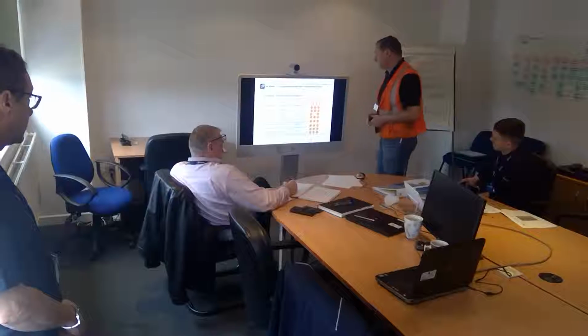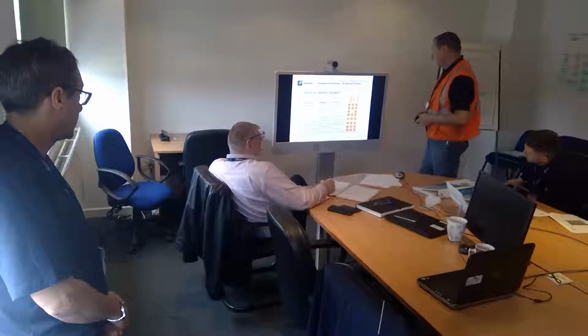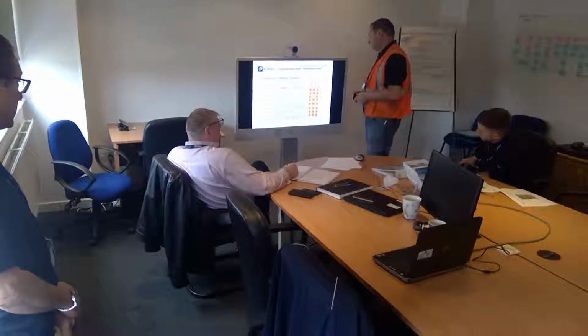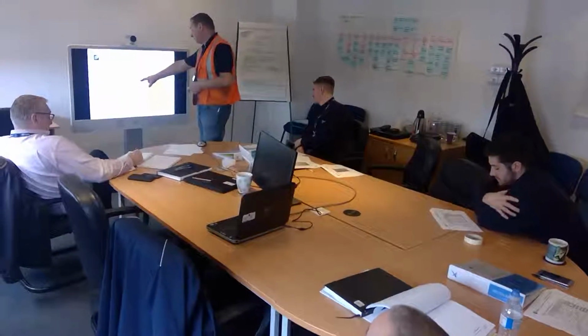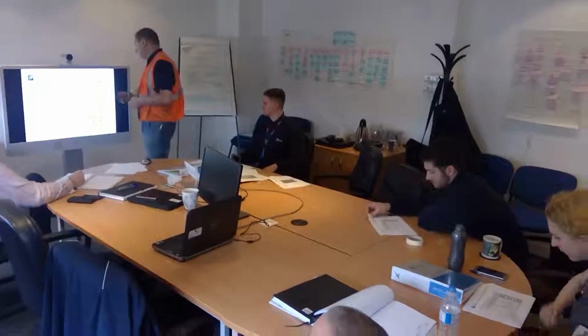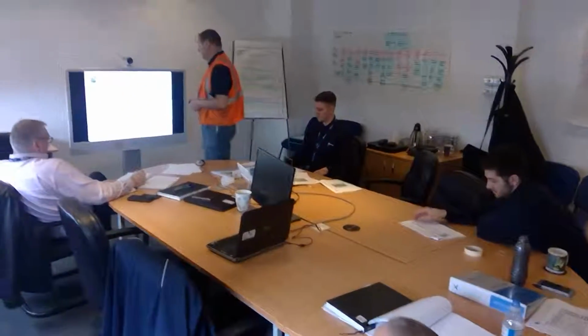Next one down is lack of understanding of what people require. Same desired situation: regular meetings, communication and documentation. Lack of training and knowledge, again skills matrix, shop floor based matrix, training and qualifications as per project requirements.